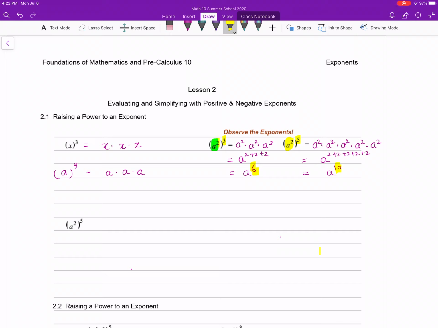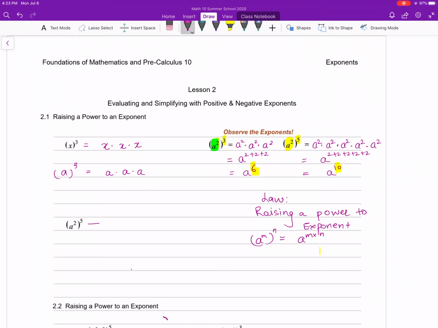So this gives us a second law, which states raising a power to an exponent. If I have a power which is raised to another exponent, we simply multiply both these exponents.